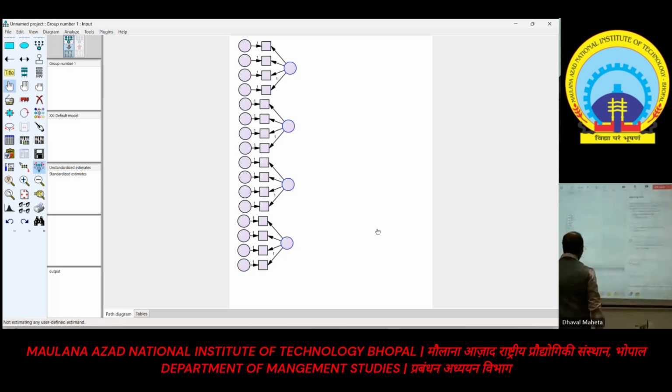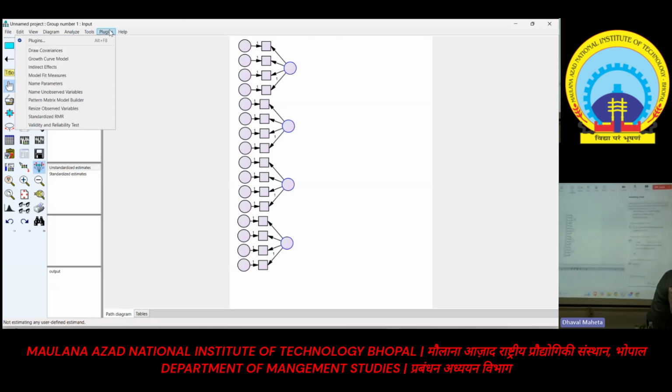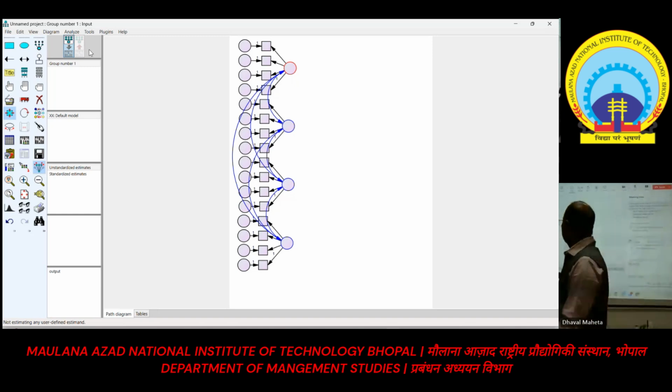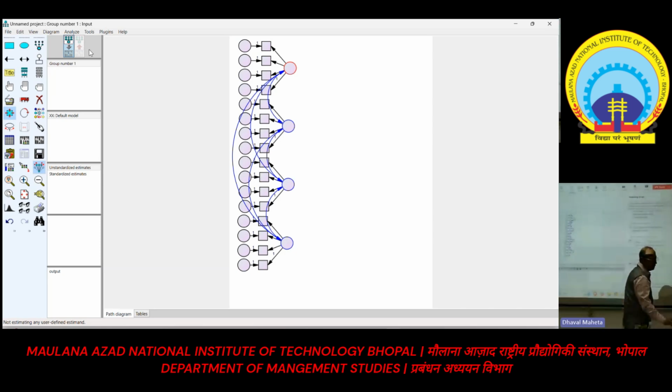Okay. Now you go in plugins and draw covariances. A parachute like structure will appear. Plugins, draw covariances. You want to bring this parachute on your right hand side.